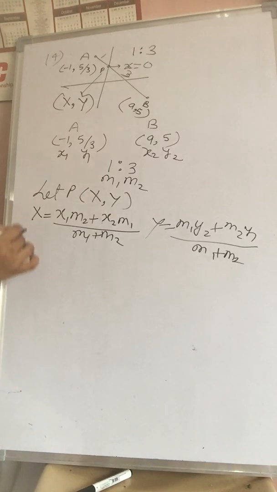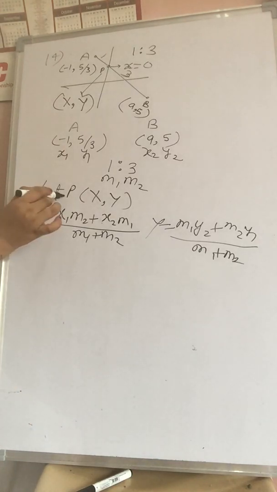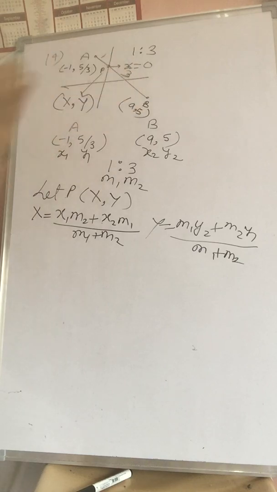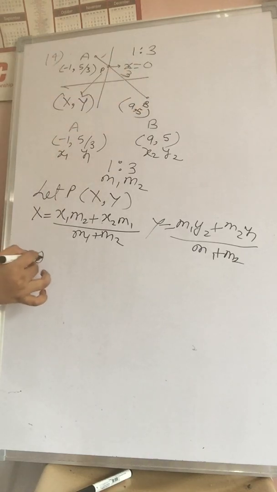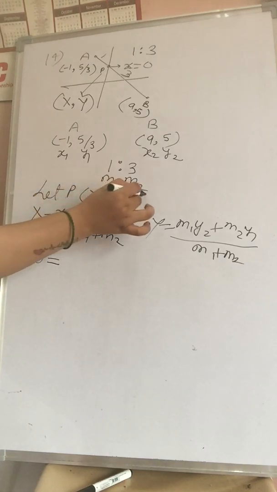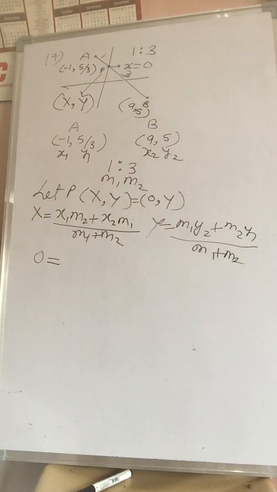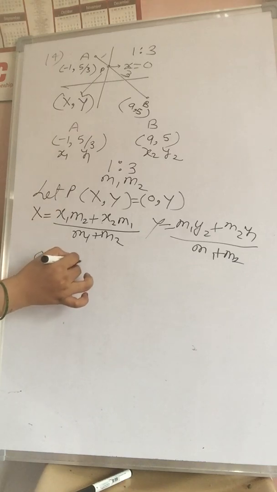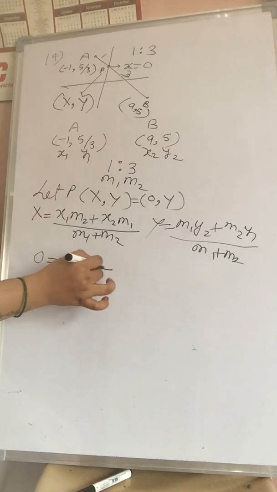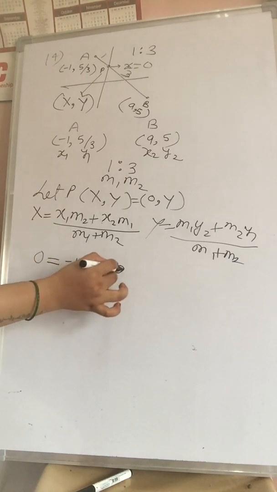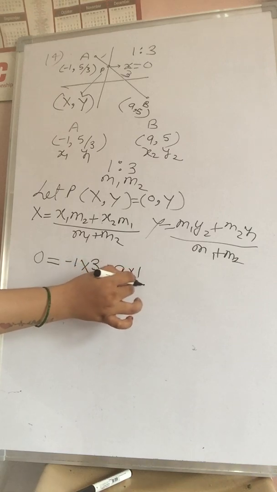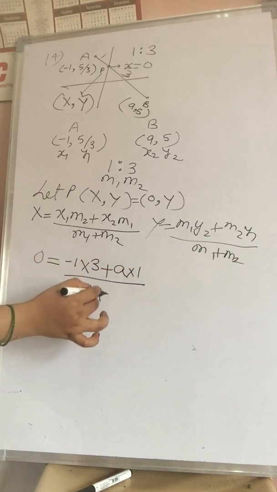Let's simplify and put in the values. At point P, the value of x is 0. In place of x1 we have -1, m2 is 3, x2 is A, m1 is 1, upon m1 plus m2.